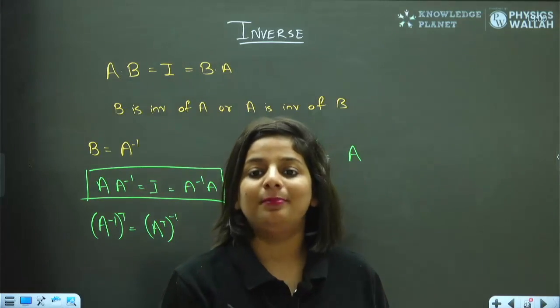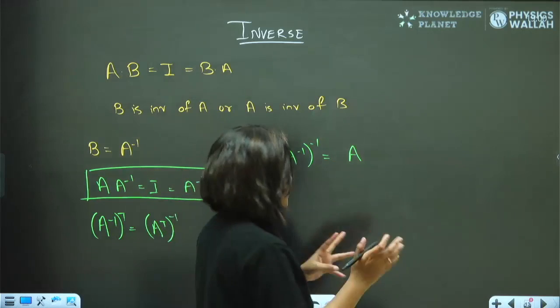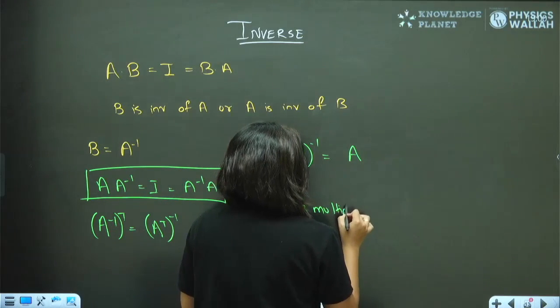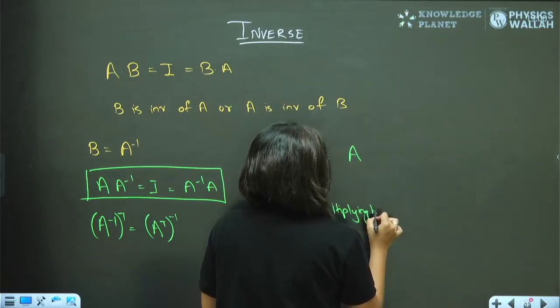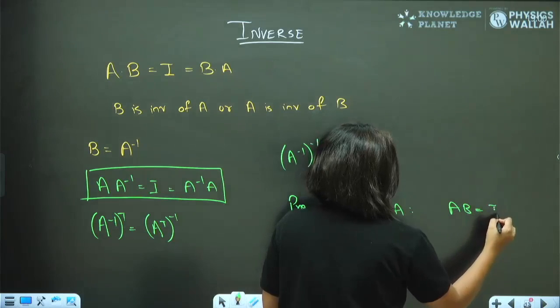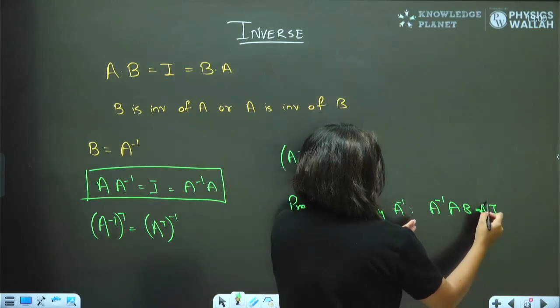Remember, when you are doing pre-multiplication and post-multiplication in matrix, it means two different things. Suppose you are pre-multiplying by A inverse, so ensure that, suppose if it's AB equal to I, you're pre-multiplying with A inverse, it has to be before.